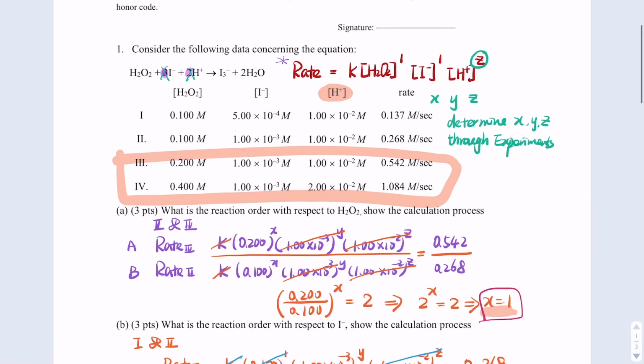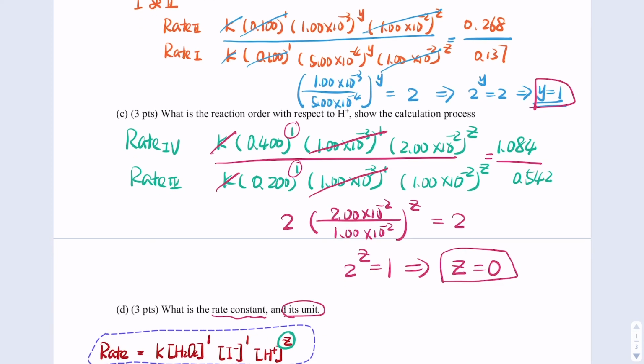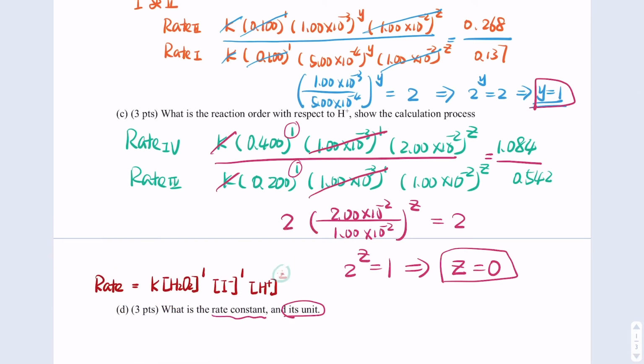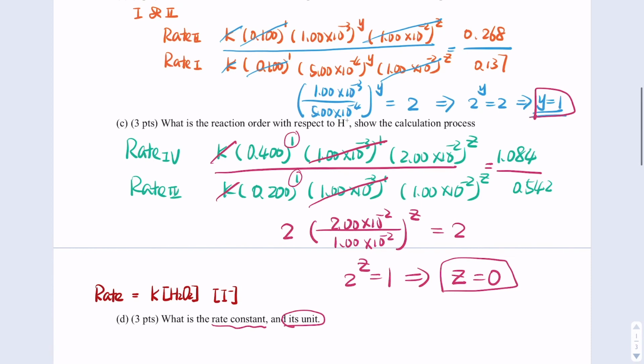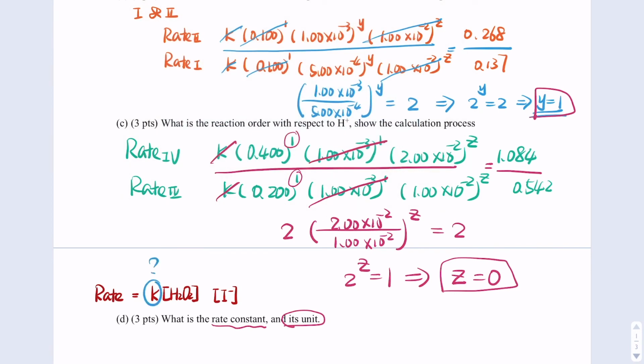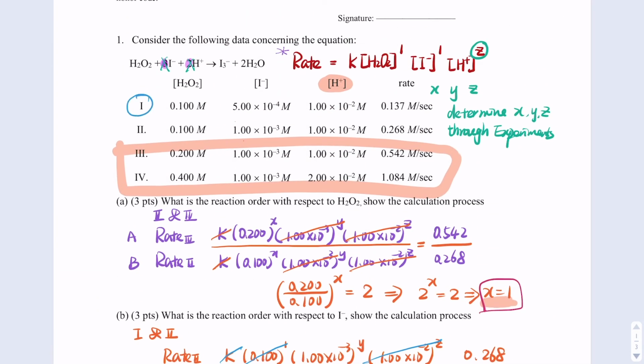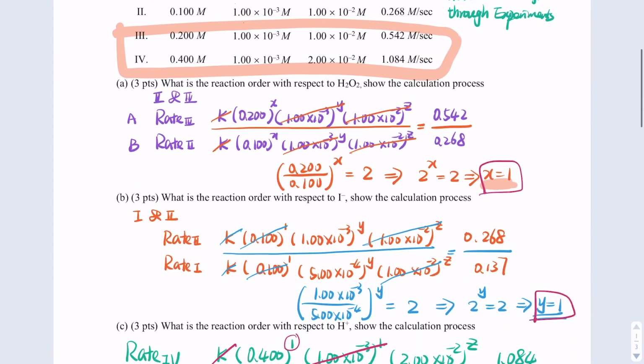So now let's bring this to the last step, so we can use it to do the calculation. You already know this, and now we know z is 0. Actually, that whole piece over here just turns into 1, so then we can just cancel it. So this will be the rate law for the overall reaction. We're trying to calculate k. And then you can use, as we said, any set of experiment. I'm going to use 1. Then we'll plug the values into the equation.